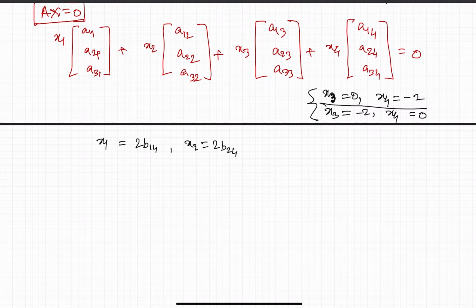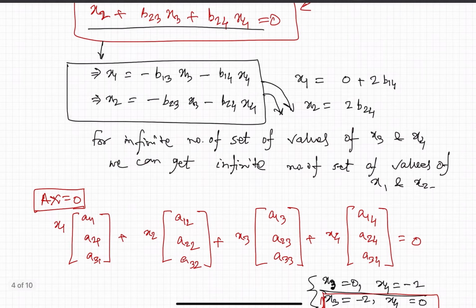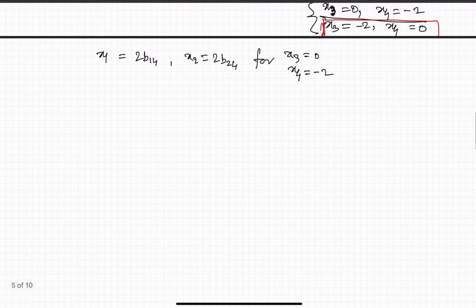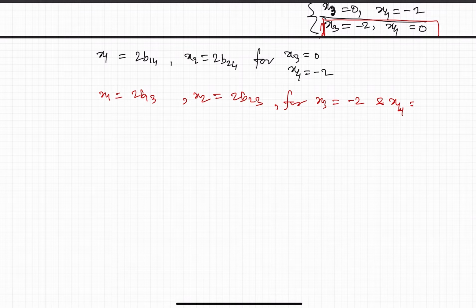For the second set of values, that is x3 is equal to minus 2 and x4 is equal to 0, we will get x1 as 2b13 and x2 as 2b23.